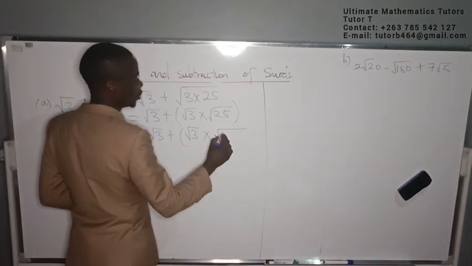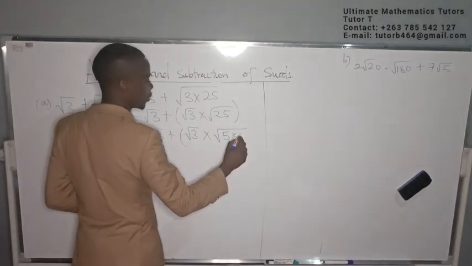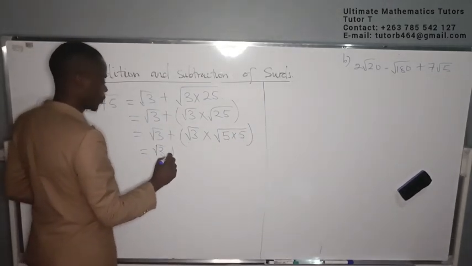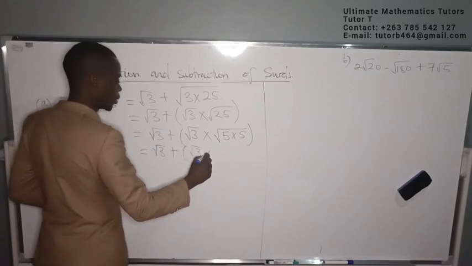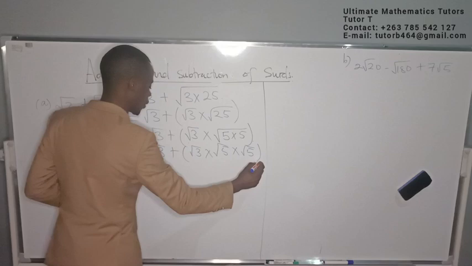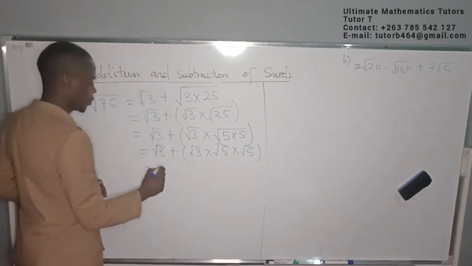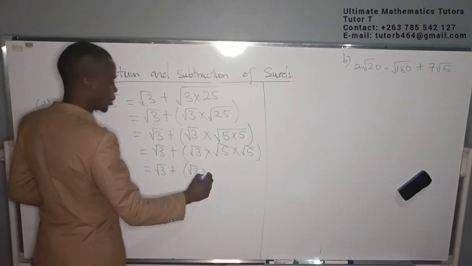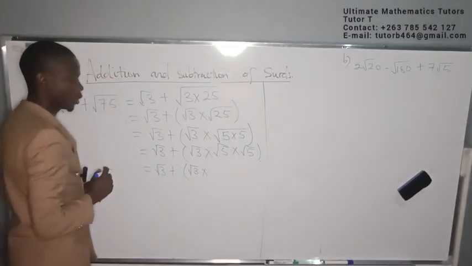So we've got 5 times 5. Now root of 3 plus root of 3 times root of 5 times root of 5.